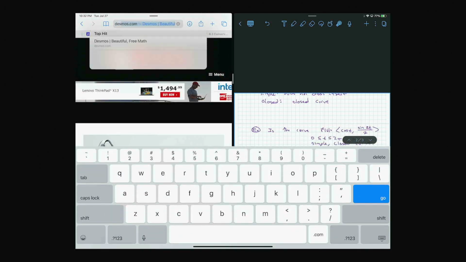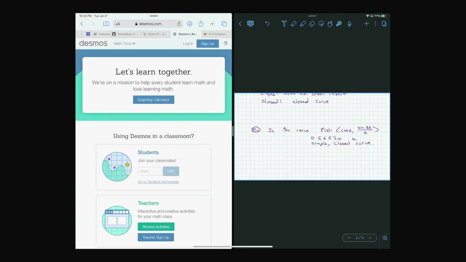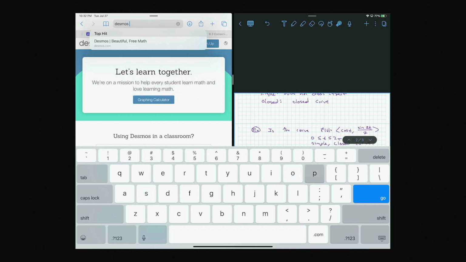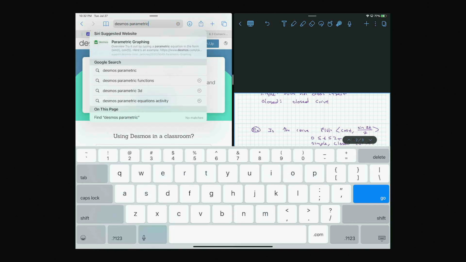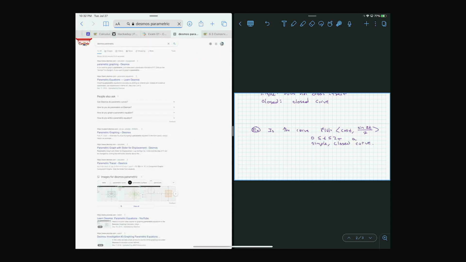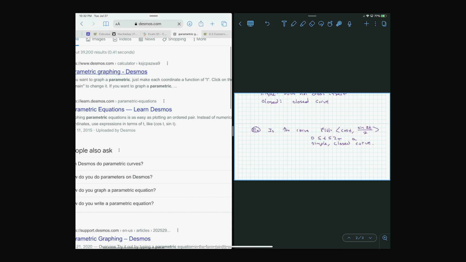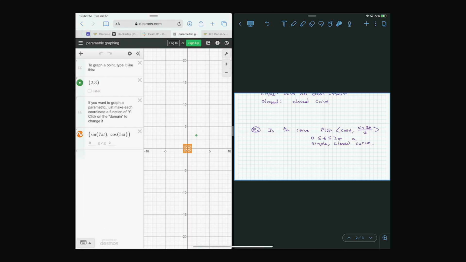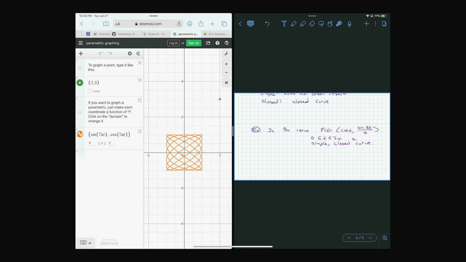Right, Desmos. Actually, let's go Desmos parametric. Oh, that's neat.